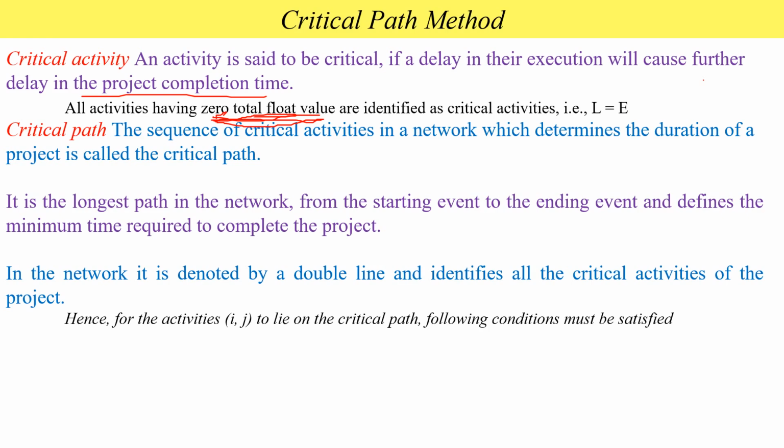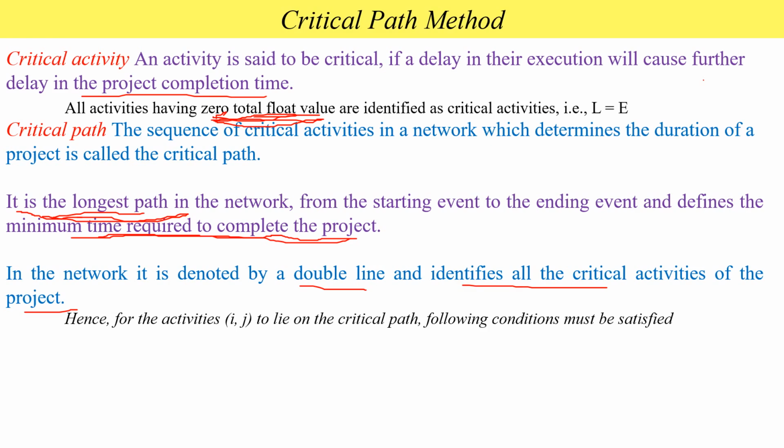It is the longest path in the network, from the starting event to the ending event. It defines the minimum time required to complete the project. In the network, it is denoted by a double line and identifies all the critical activities of the project.